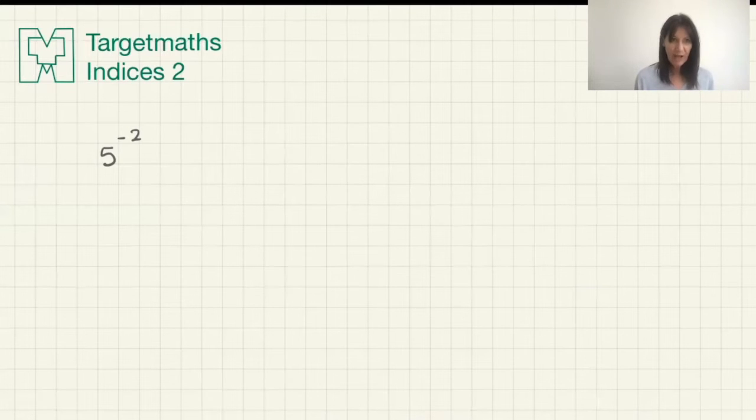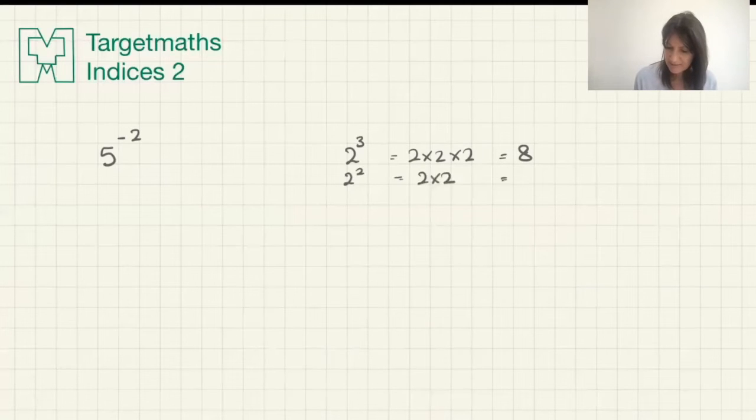So what is it? I'm actually going to use a different number because 2 demonstrates this beautifully. So if I've got 2 cubed, I know that that means 2 times 2 times 2, which is 8. Okay, so we're just building some knowledge against things that we already know. Okay, now I'm going to reduce that power just by 1, which is going to give me this.